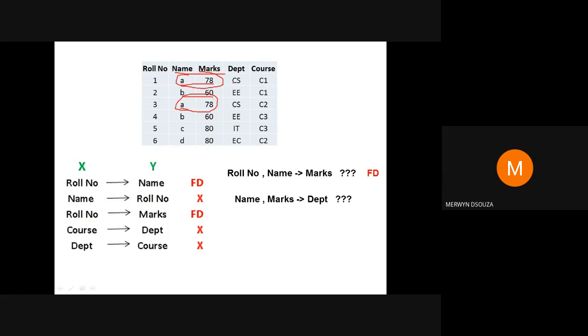Is it correct? Yes, it is correct. Therefore, this is an example of a valid functional dependency.